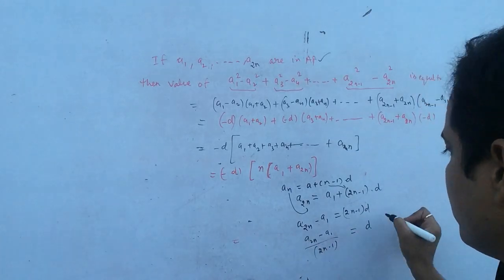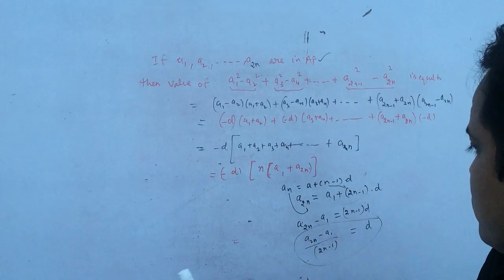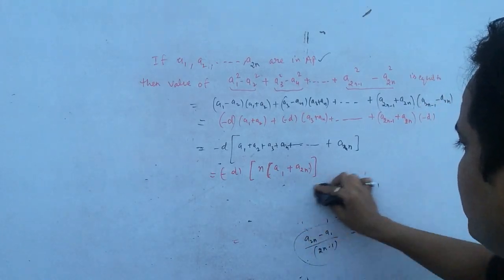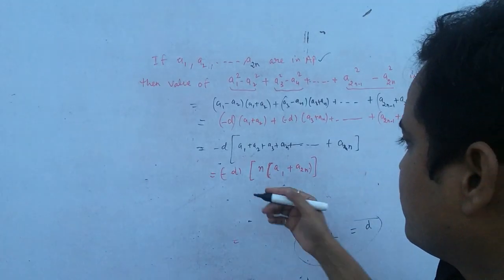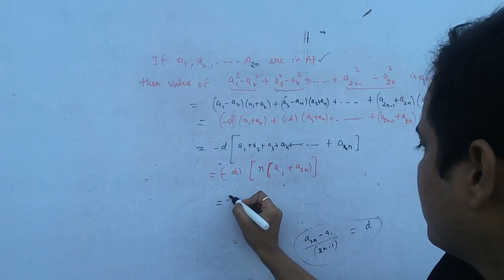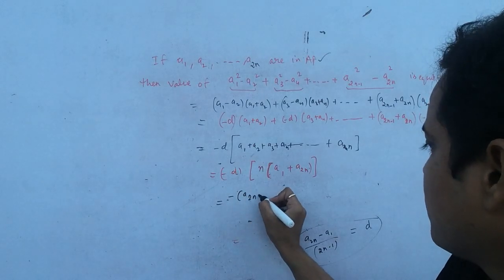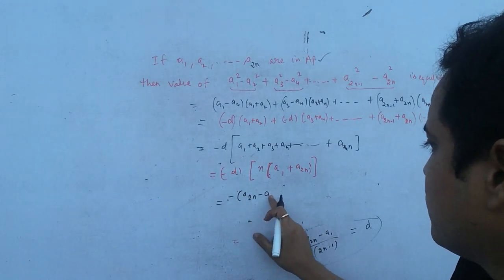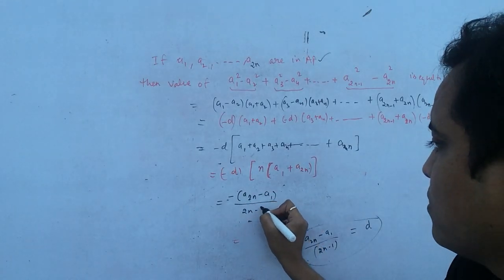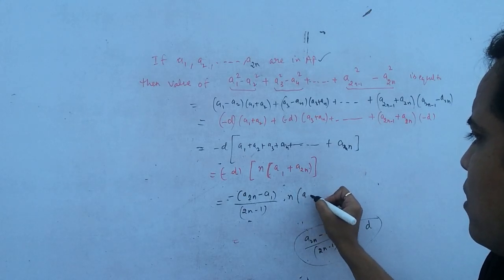This is the option you would use here. So I am going to use at the place of d what? a2n, it is negative, okay. a2n minus a1 upon 2n minus 1 into n is there, okay.